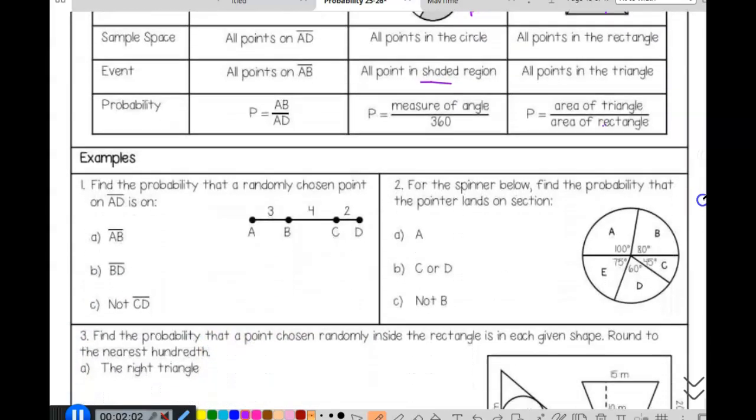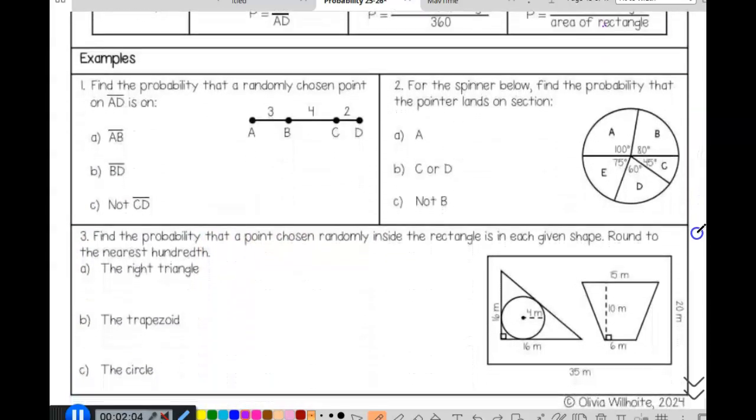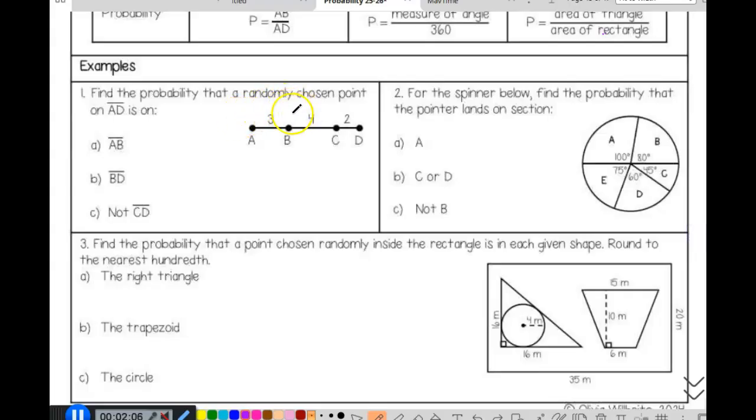Starting with length. It says, find the probability that a randomly chosen point on AD is on AB. The first thing I do is calculate the total. From A to D, what's the total length? 9. How did we do that?